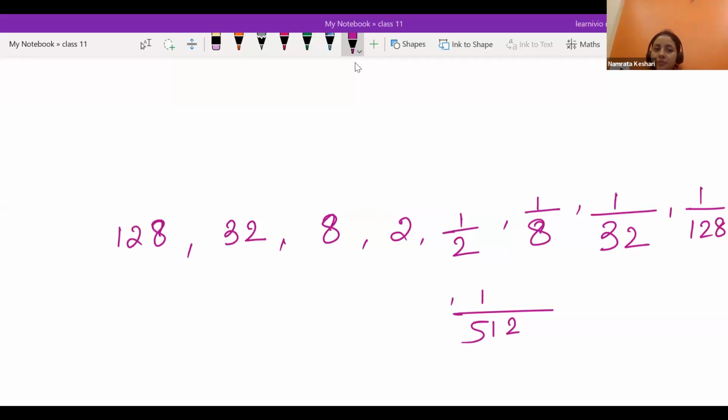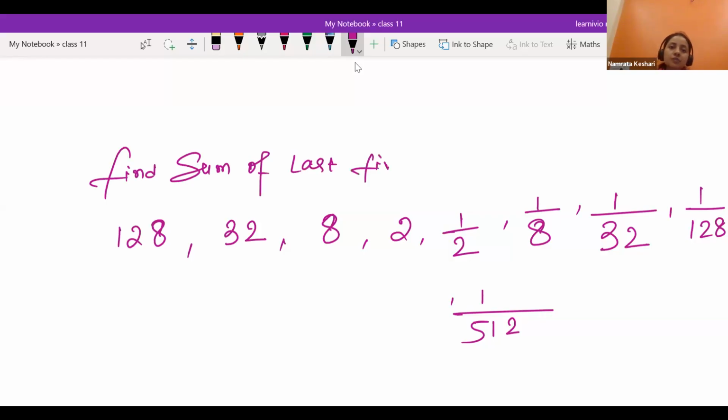It's a GP. What we have to do is find the sum of the last 5 terms. Can you find it using the formula?